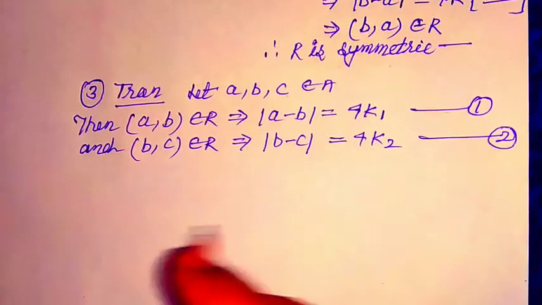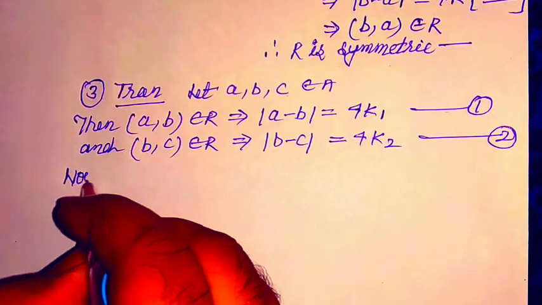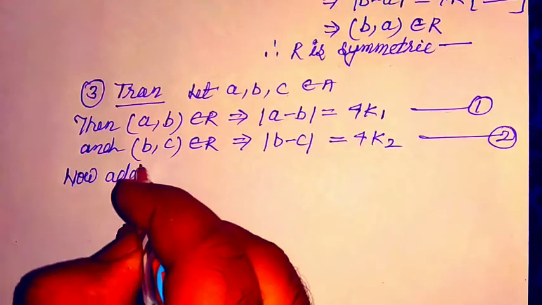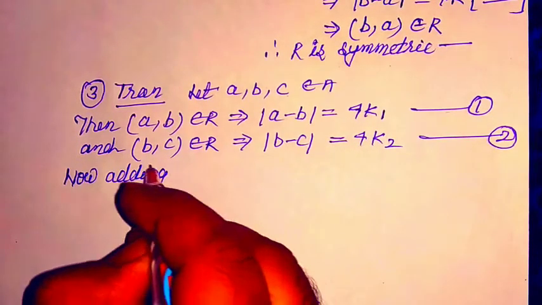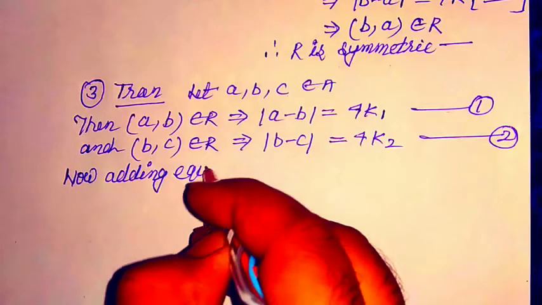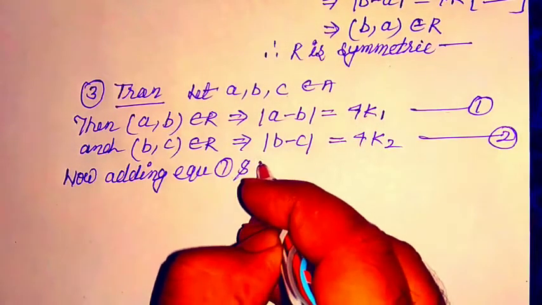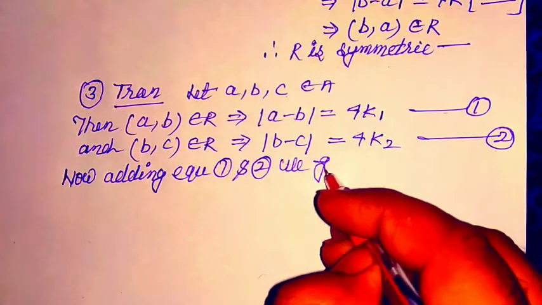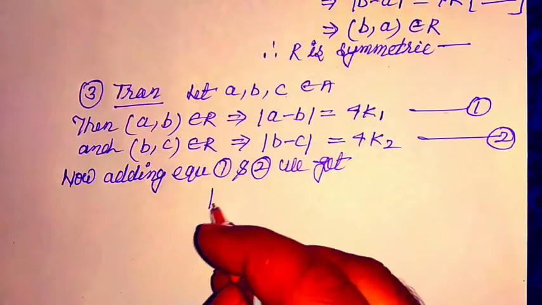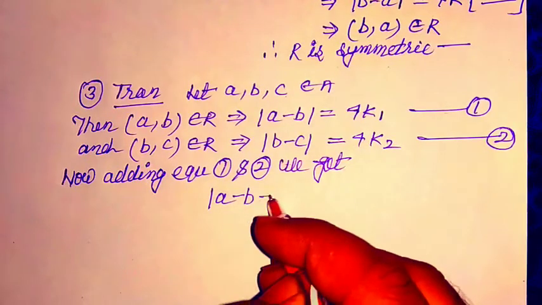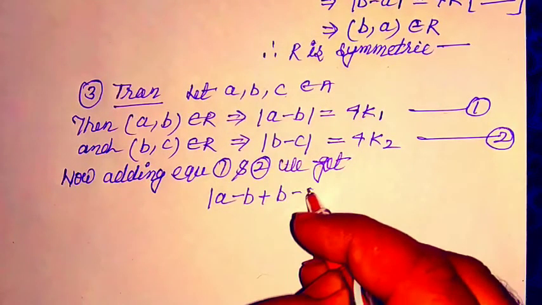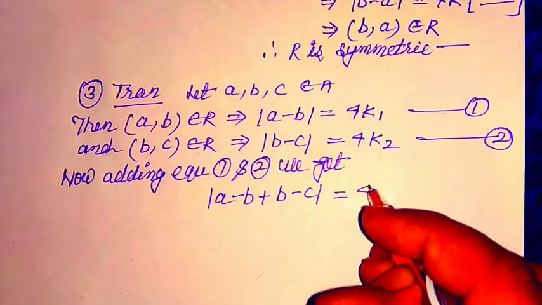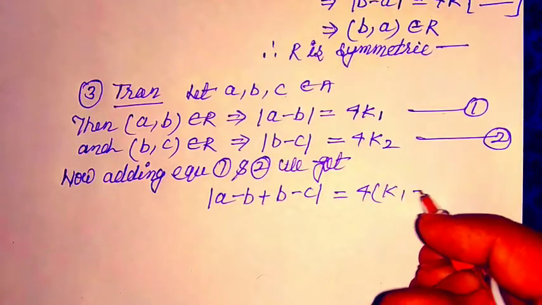Now adding equations 1 and 2, what will we get? a minus b plus b minus c equals 4(k1 plus k2).